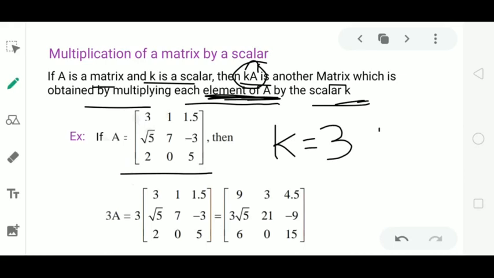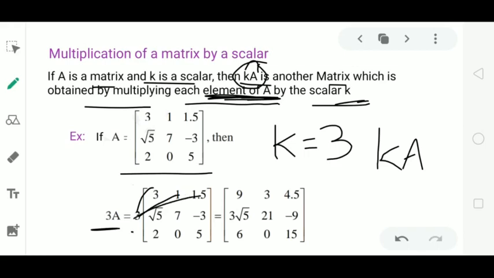Then K into A, which is 3 into A, is obtained by multiplying 3 to each element of matrix A.